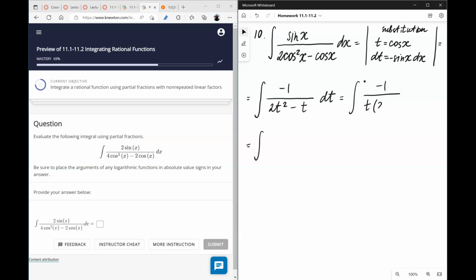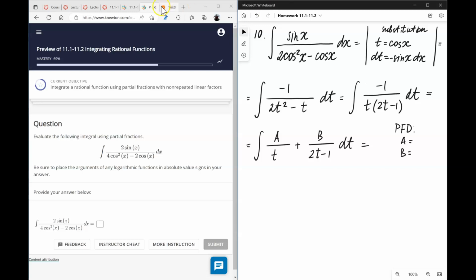It's because the denominator is factorable. That's how we know we can use the partial fraction decomposition. If it's factorable, that means the original rational function can be decomposed into the sum of these two rational functions. And using the partial fraction decomposition method, we can find A and B.